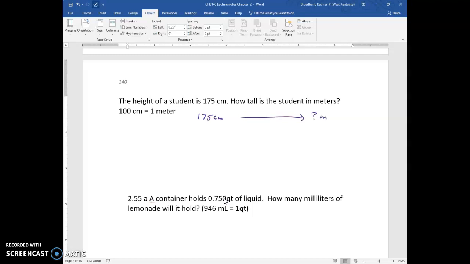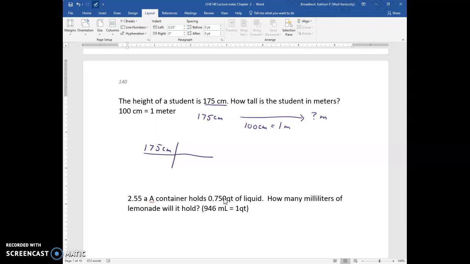We know that 100 centimeters is equal to 1 meter. We know that because of the table that you're going to memorize, and you'll know these conversions and be able to do them. We start with the number that they gave us in the problem. We don't want to start with the conversion. Start with 175 centimeters.